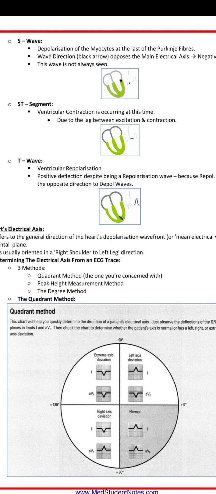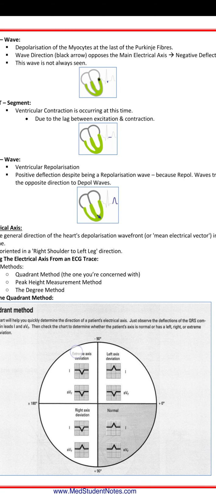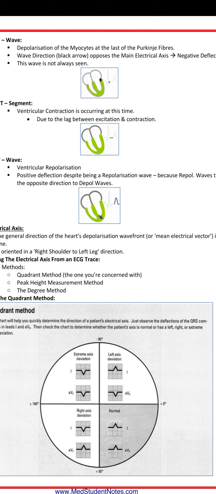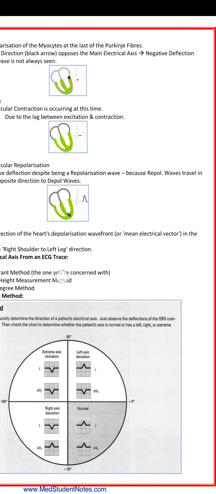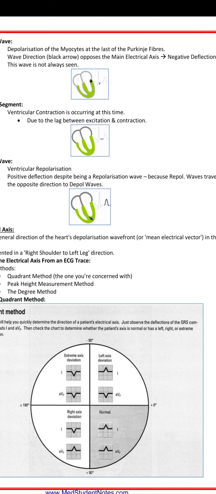Next is the T wave after the ST segment. The T wave is ventricular repolarization, the last one. There is positive deflection despite it being a repolarization wave, because repolarization waves travel in the opposite direction to depolarization waves.